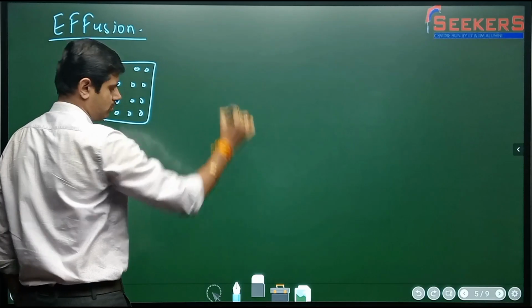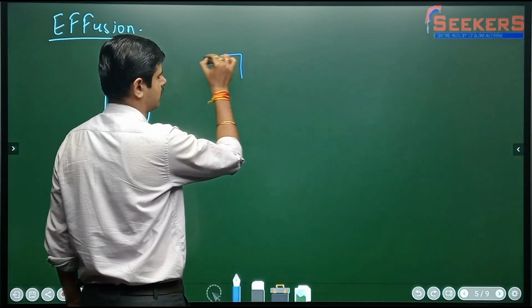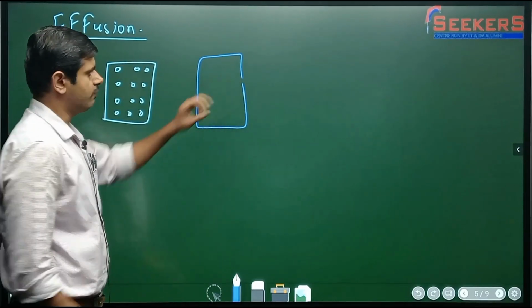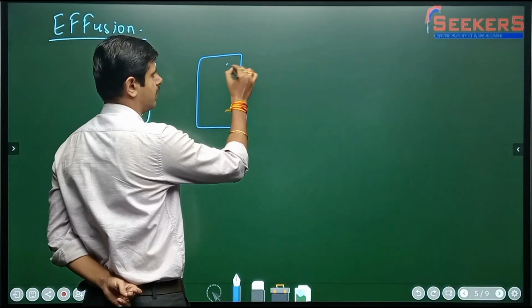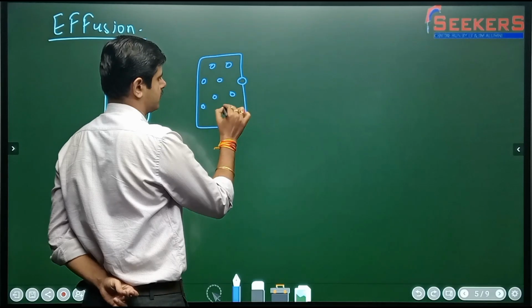Let us draw another chamber. One chamber is there. This is having an orifice, a small hole. And here we are having a gas.